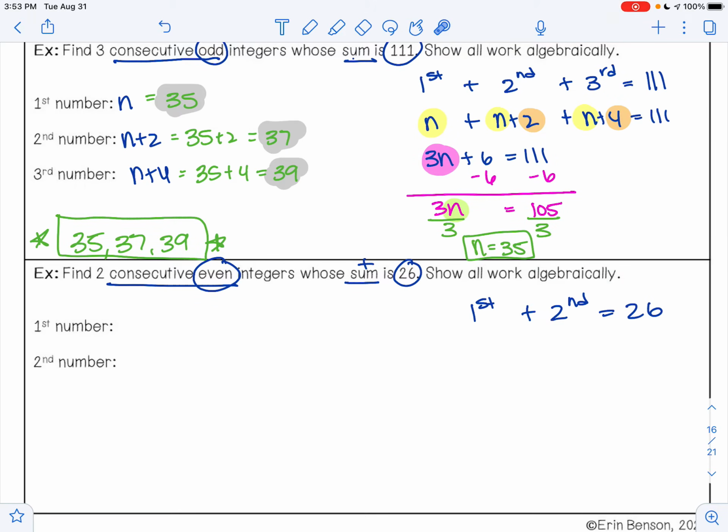Again, I know that I'm adding because of the word sum here. My first number, I don't know what that's going to be, so I'm going to let that be n. My second number is the next consecutive even number, so that's going to be represented by n plus 2.